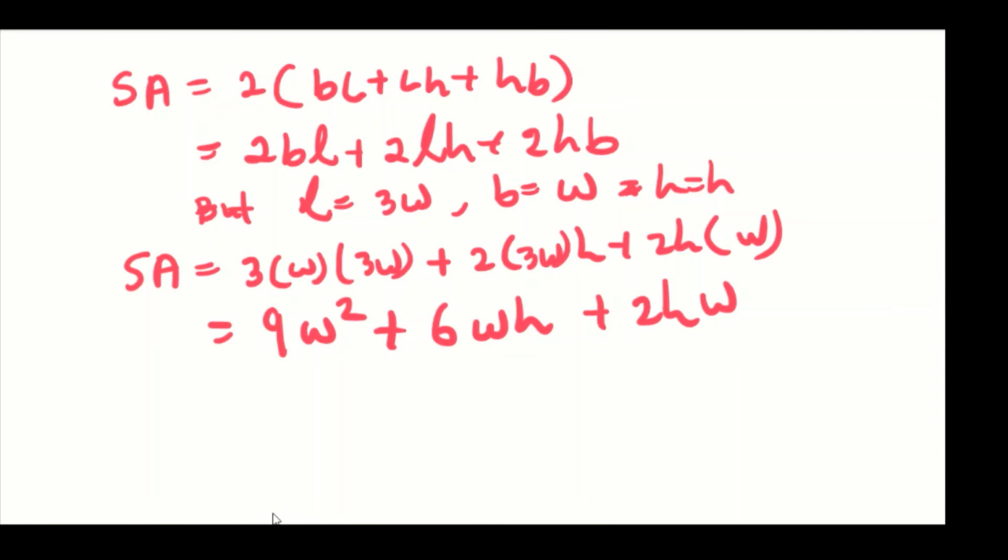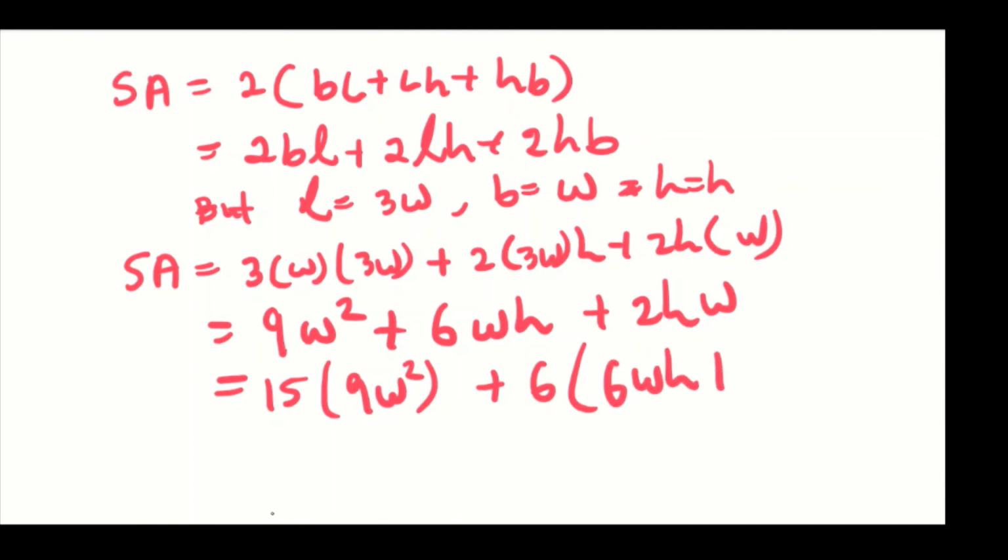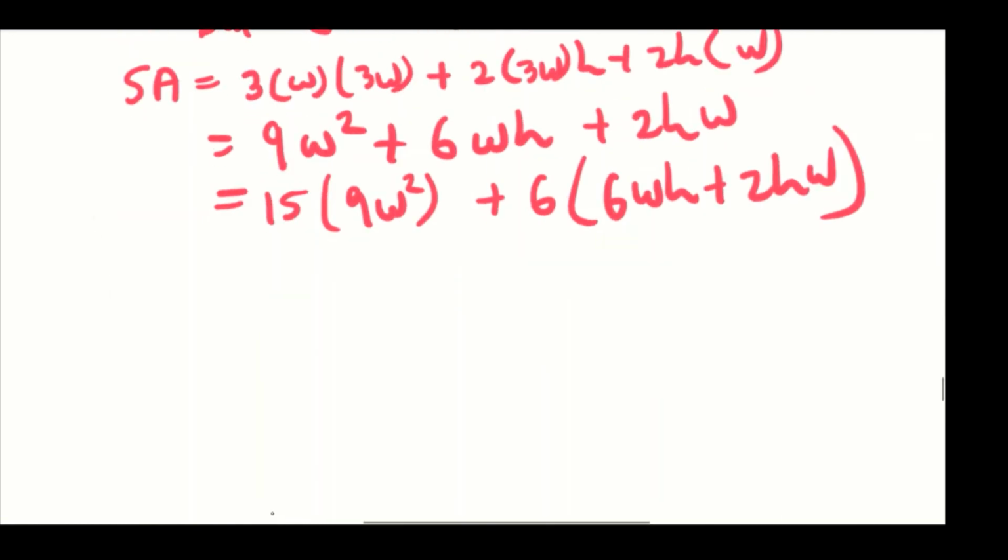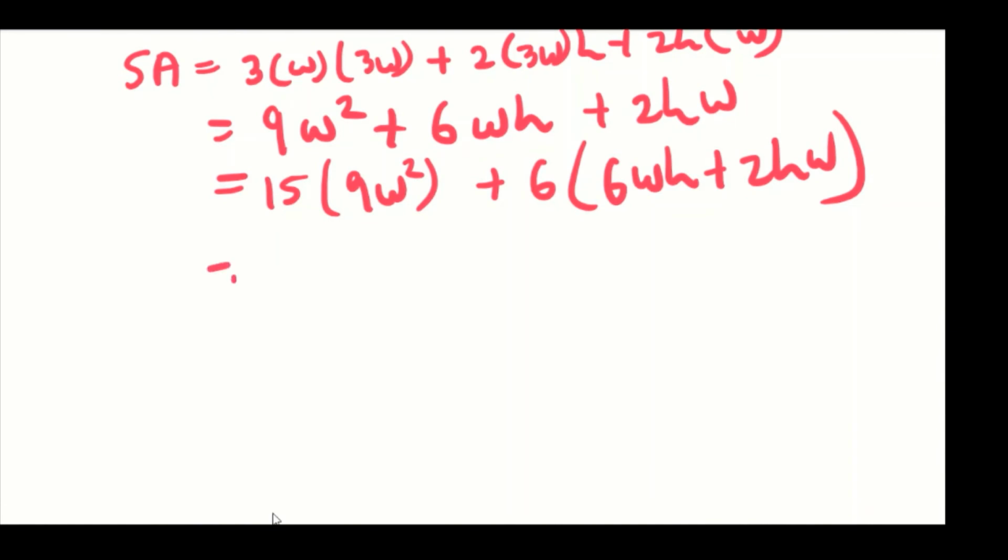And so it's going to be the 15 rand for 9W squared, and then plus 6 rand for the 6WH plus 2HW. Let me just write properly. So yes, and then now it makes sense.